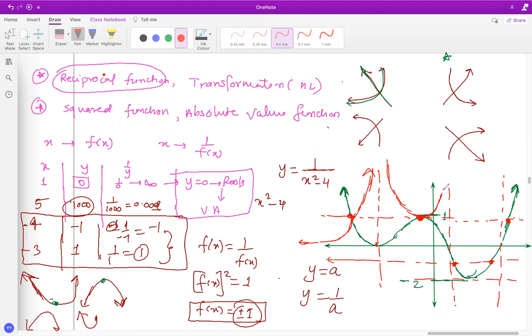Then on this side there is a minimum at -2, so the maximum will be -1/2, and it'll pass through this, like this. Then this side is increasing, so the general shape is going to be here. That's how you get the reciprocal function for this question.